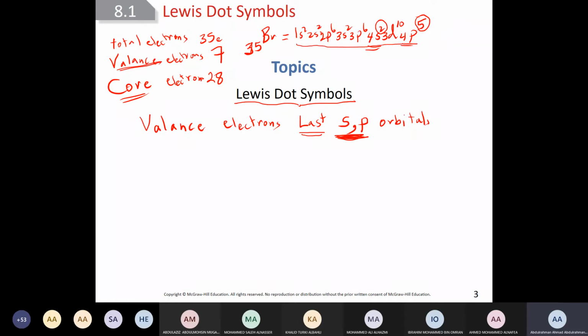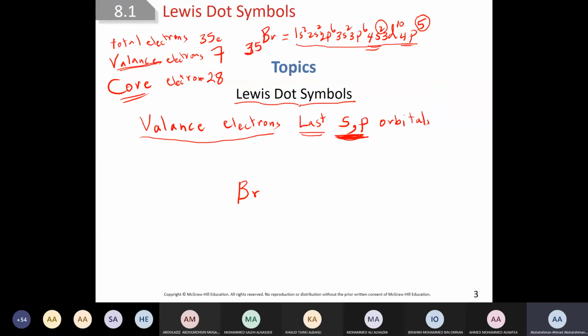Is this clear? Now, the Lewis dot symbol takes the valence electrons of the element and puts them around it. Like, for example, bromine, Br. How many valence electrons do we have in bromine? 7.